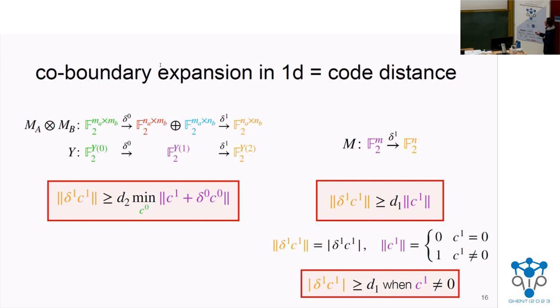So if you expand it, it becomes this condition, which is essentially saying that the non-zero code word has weight D1, and that's precisely the definition for distance. Okay, so hopefully that has convinced you why co-boundary expansion could be a natural notion.